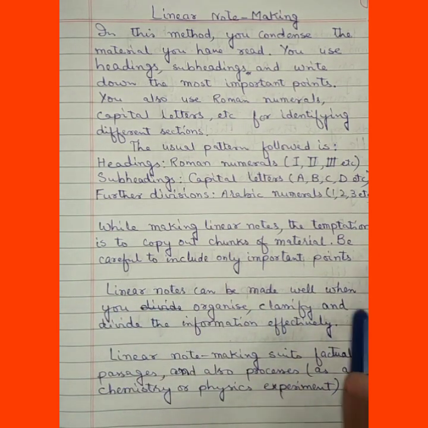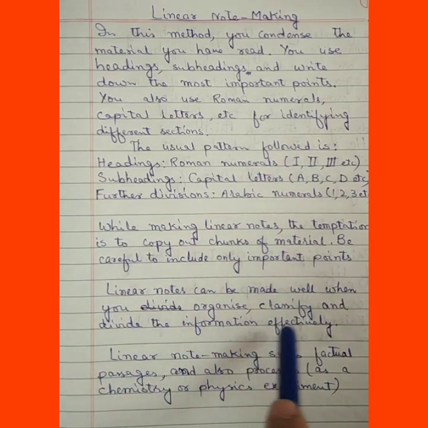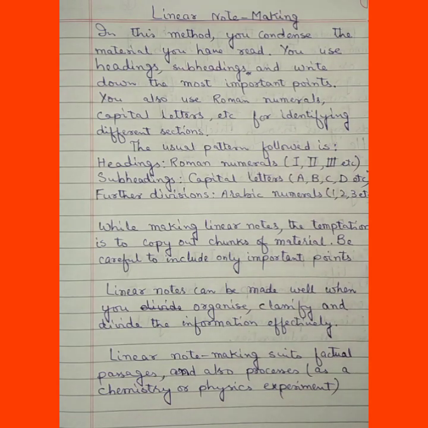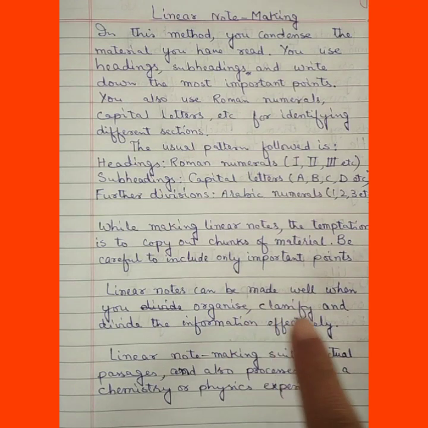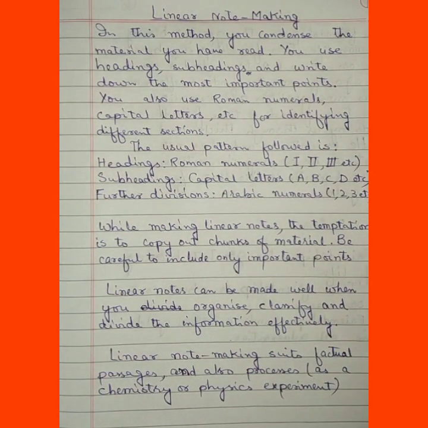Linear notes can be made well when you organize, classify and divide the information carefully. This point is important. You have to first organize the information, some points under heading, some points under subheading.